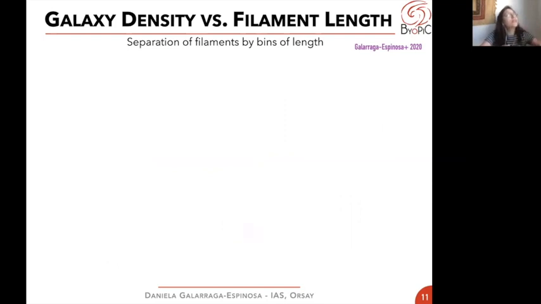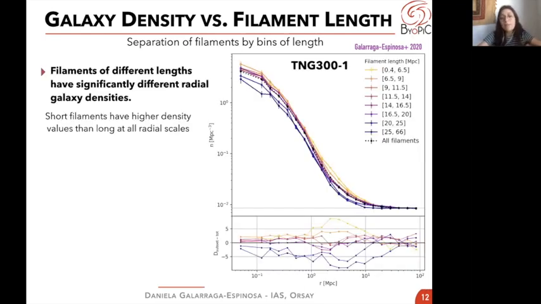These plots characterize the total population of filaments. So we mix together every kind of filament of the catalog, and we wanted to see if there's a dependency on properties of filaments, for example the length. If the density depends on the length of the filament. To do so, we separated the catalog of the filaments into different bins of length.